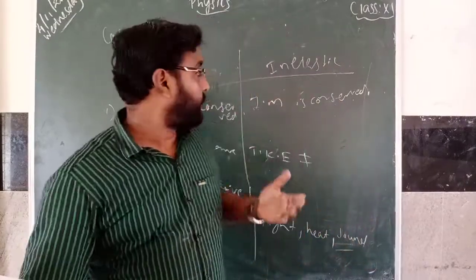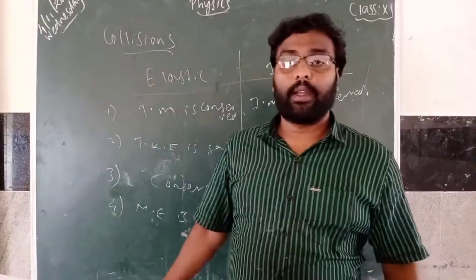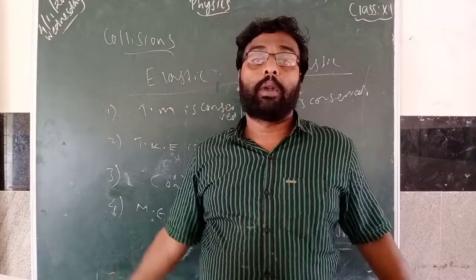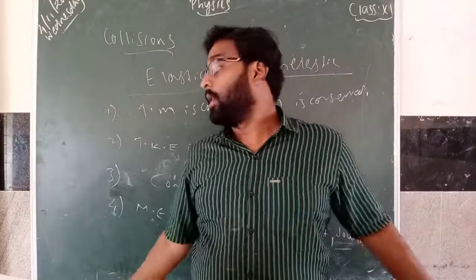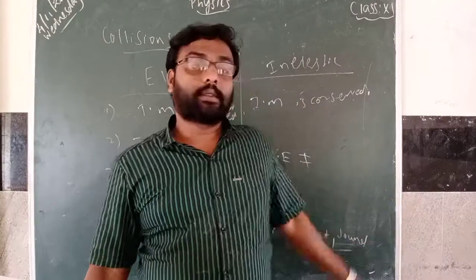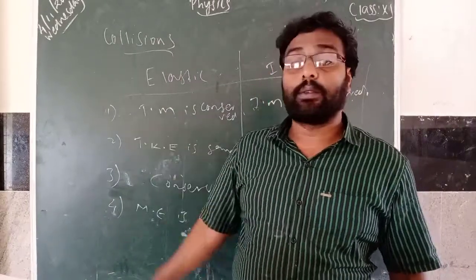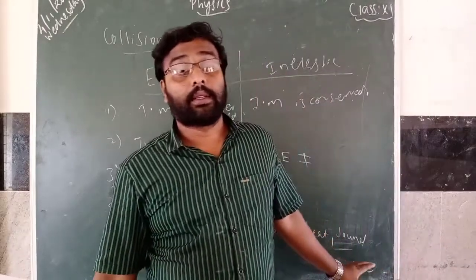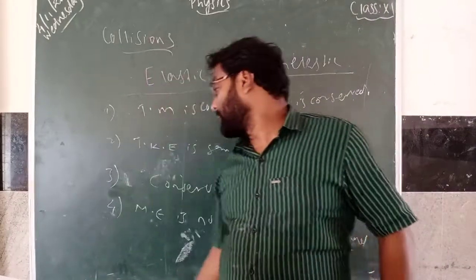So these are the four differences. Comparison between elastic and inelastic collision. The first one is momentum: on both sides it is conserved. The second one is kinetic energy. In elastic collision, kinetic energy is conserved. In inelastic collision, kinetic energy is not conserved.